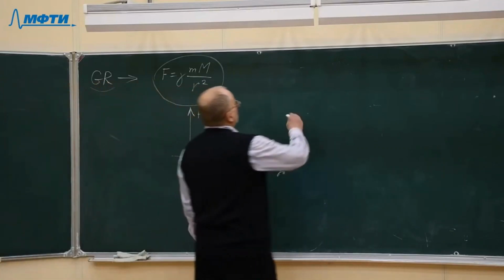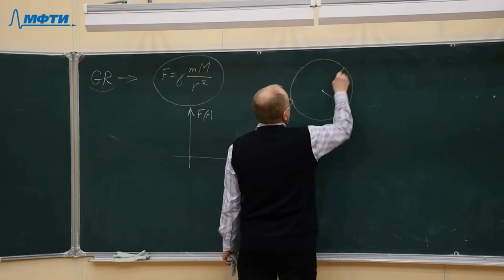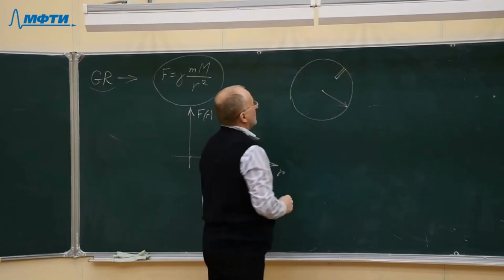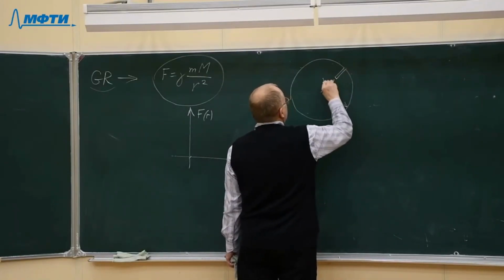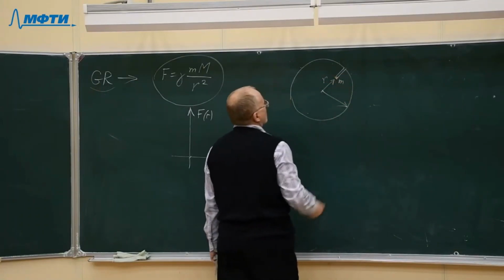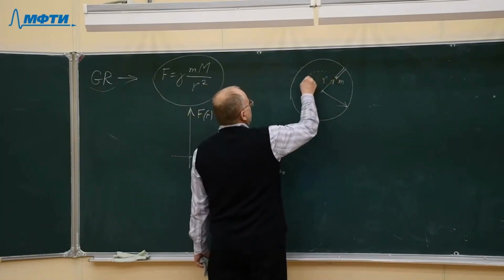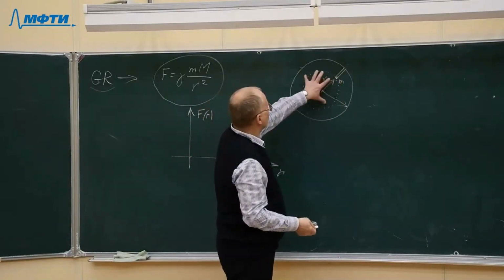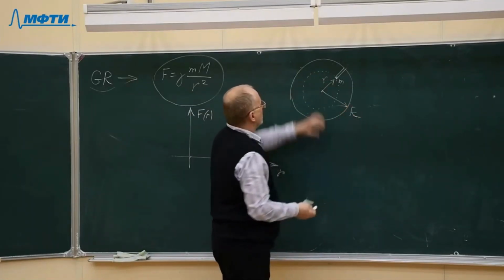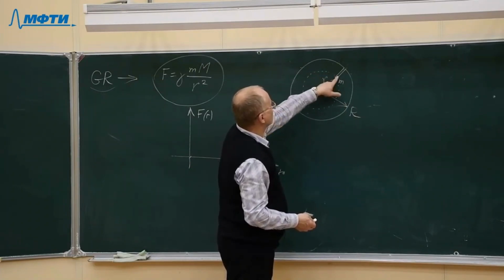So, if we have a planet of radius R, and we make a deep well here and put a small body m in it, then what force will act on this body? We understand that if we imagine a sphere of radius small r, and this is capital R, then this sphere will attract the body m.